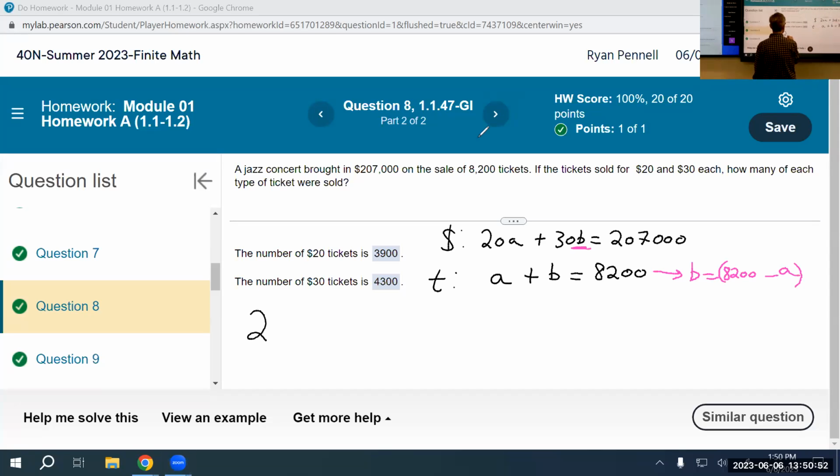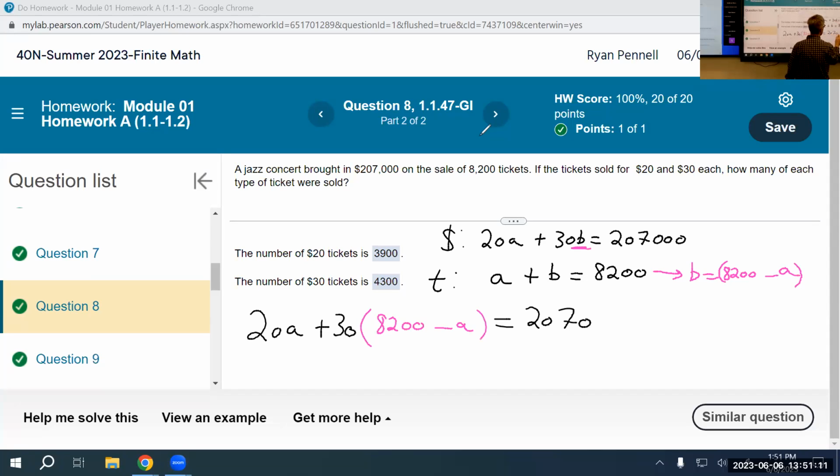So 20A plus 30 times B, I just found out that you could write B as 8,200 minus A, equals $207,000.